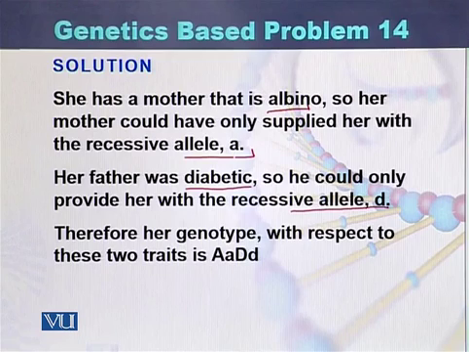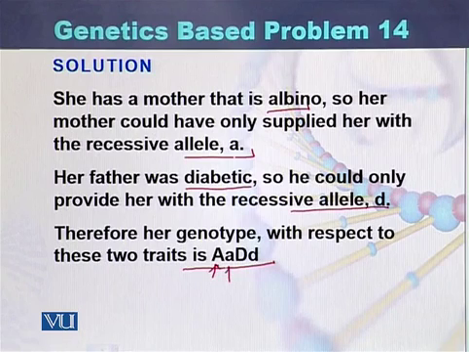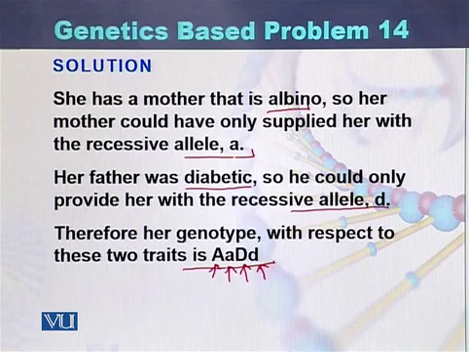Based on this, the genotype of the female should be heterozygous. She has one dominant allele and one recessive allele for skin color, and one dominant allele and one recessive allele for diabetes.